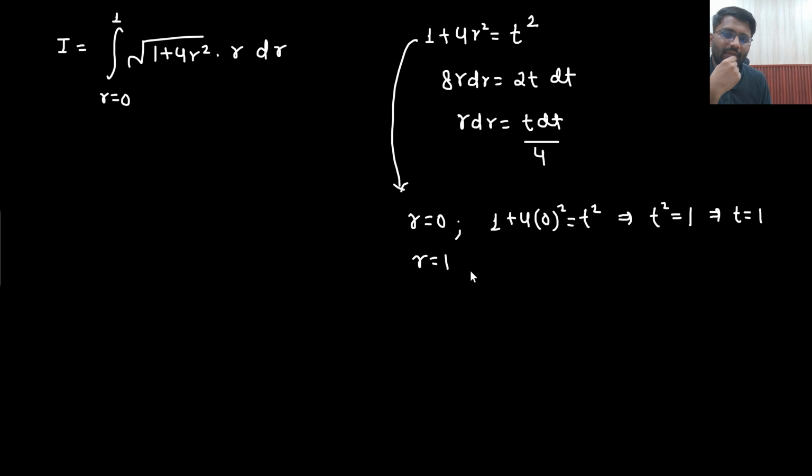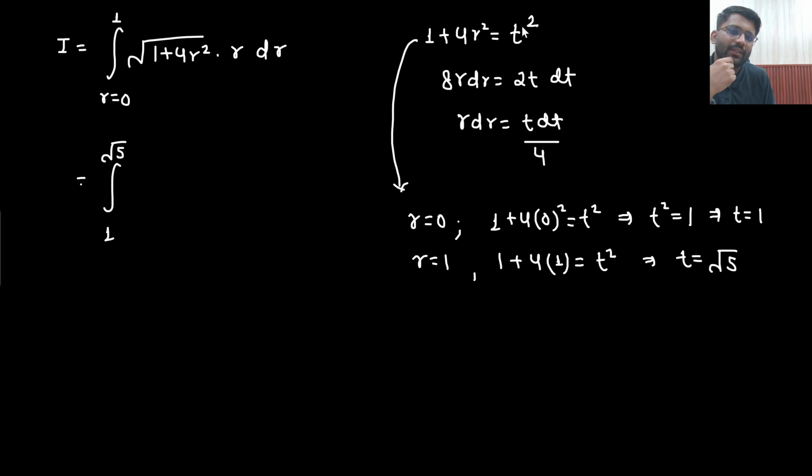And if r is 1, then t will be under root 5. Right? So t is going from 1 to under root 5. Now 1 plus 4r square is t square. So under root t square, someone would say it should be mod of t, but we are taking the positive values only. So t. R dr could be replaced as t dt by 4.